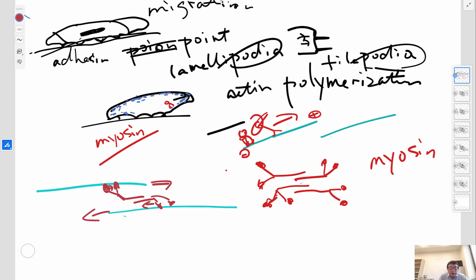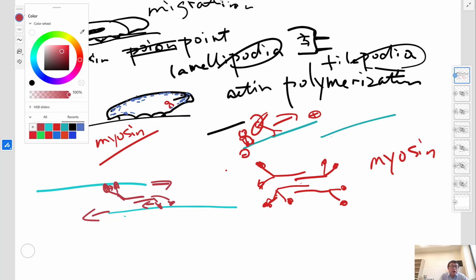In cell motility, mostly in the podia, the myosin-mediated relative movement of the actin fibers is very critical for the motion together with actin polymerization.